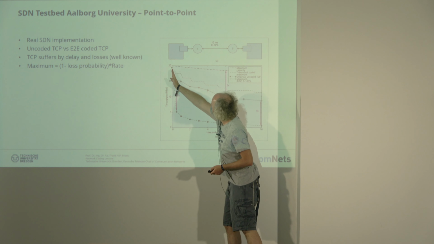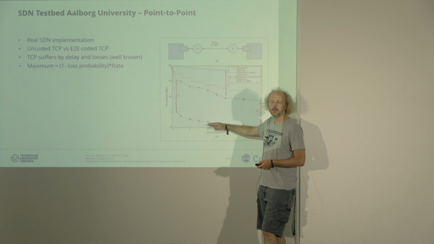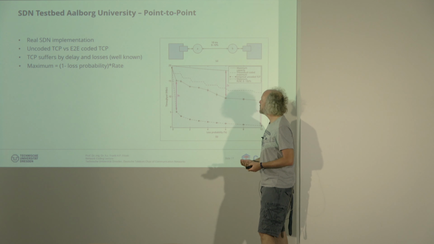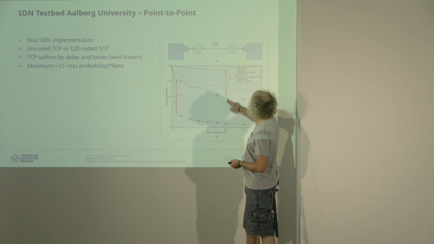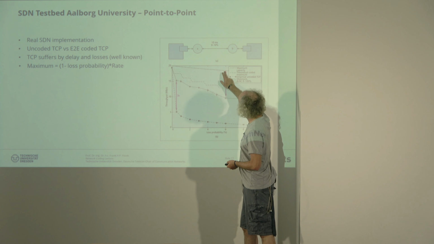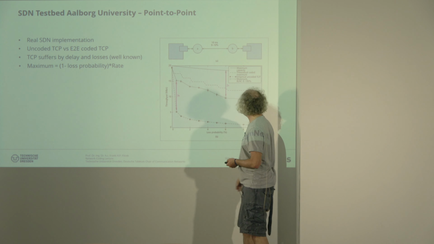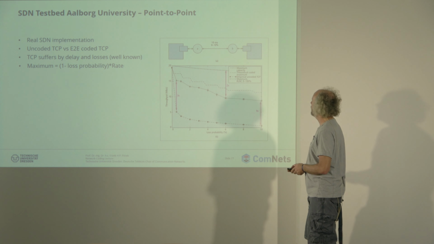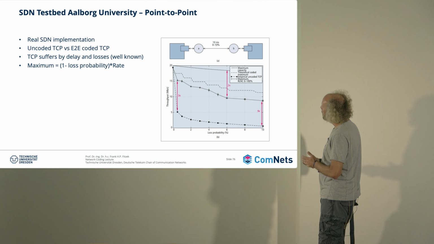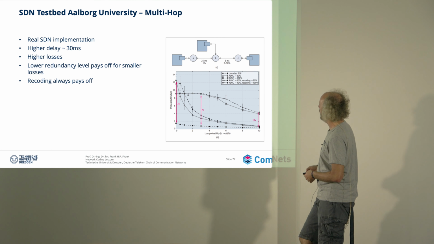Then this is TCP. TCP goes down as soon as it sees errors, because it cannot distinguish congestion from errors. And then you have the coded version here. The coded version is still somewhat below the optimal, but it is sometimes 3 times higher than the TCP one. So it proves what we said before. And this is real traffic on that.